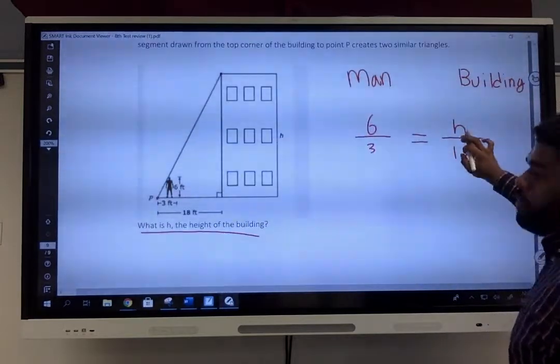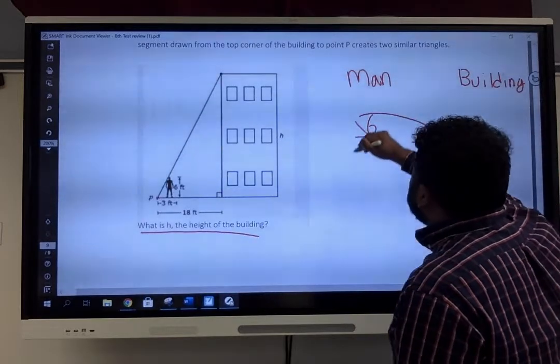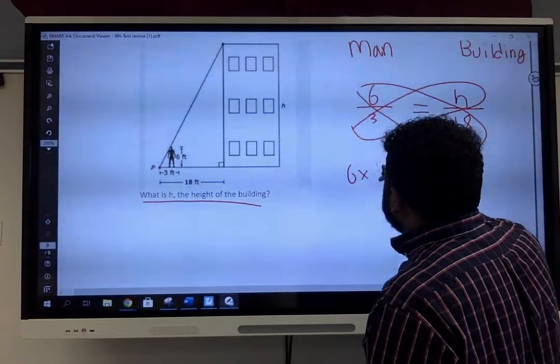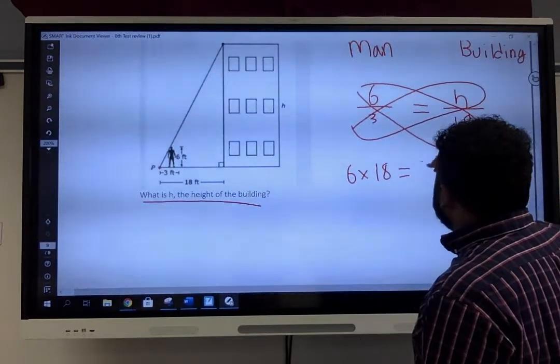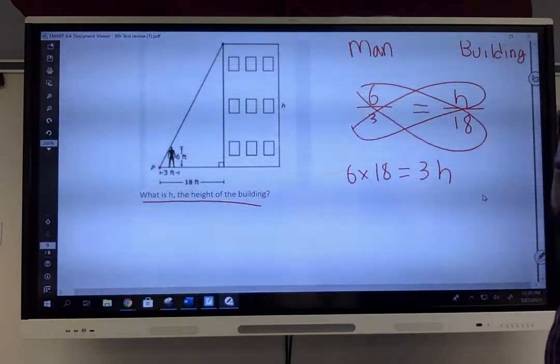So now to solve for H, I'm going to cross multiply and divide. So we got 6 times 18 equals 3H, right? Because 3 times H will make 3H.